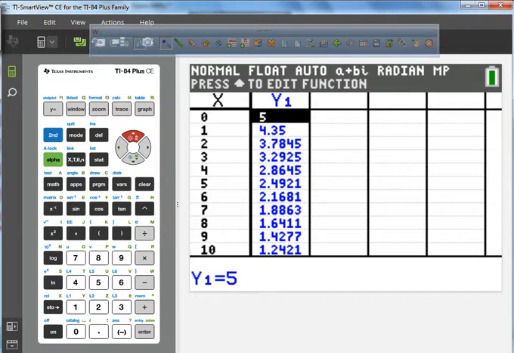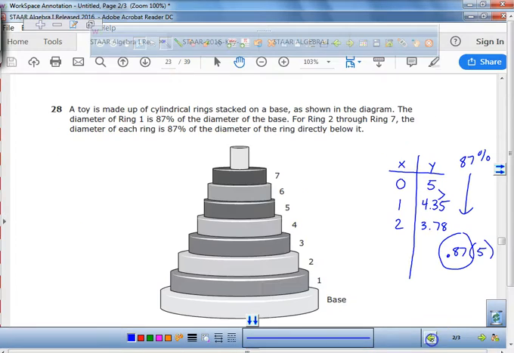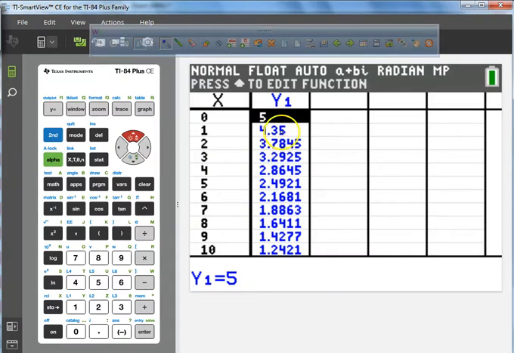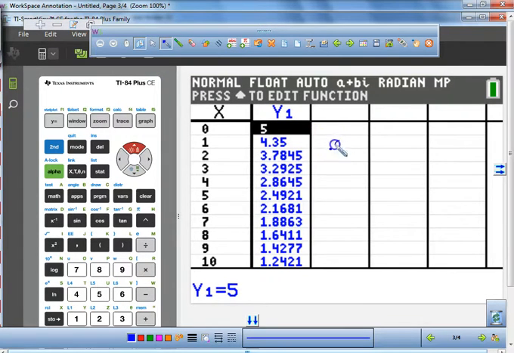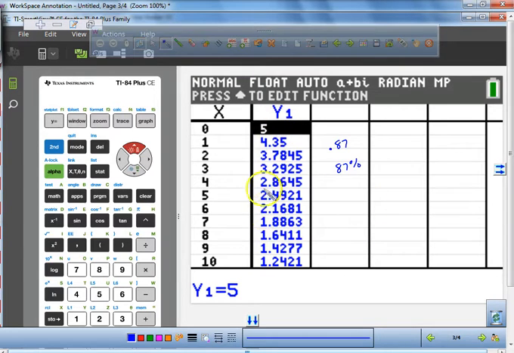And then, if you remember, we go back. The next number was 3.2. You see the pattern? 4.35, 3.78. These are all going down. Every single one is going down by 0.87 or 87%. Okay? This is the only one that works.